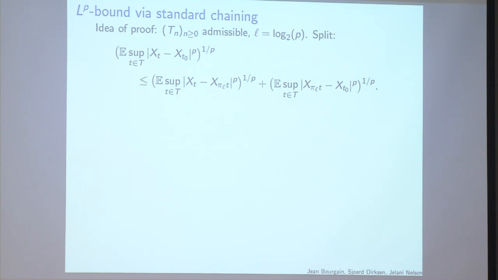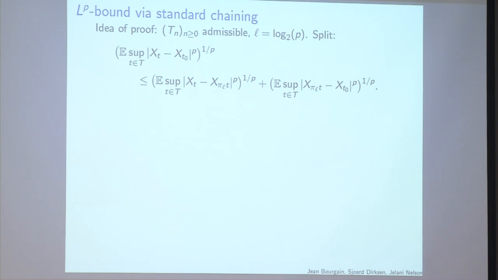Now I'm going to look at the L^p norm of the sup of X_t minus some anchor point, and I'm going to split it into two parts. I take pi_l(t), the approximant to t in the set T_l, the l-th approximation set, and I look at X_t minus X_{pi_l(t)} and this remainder.